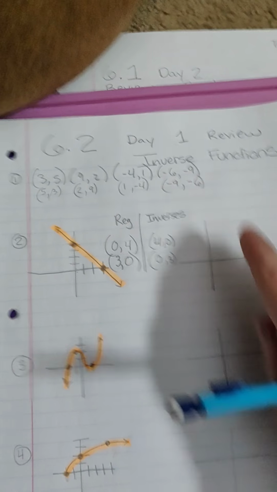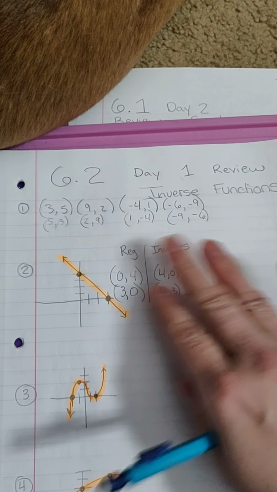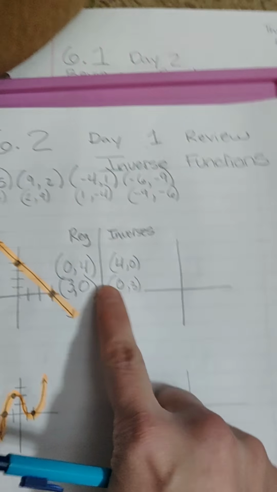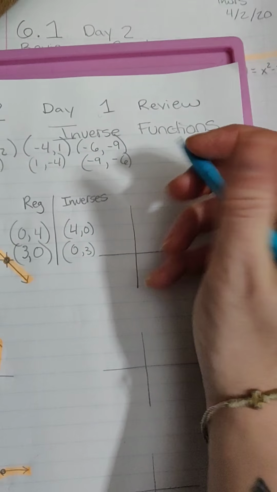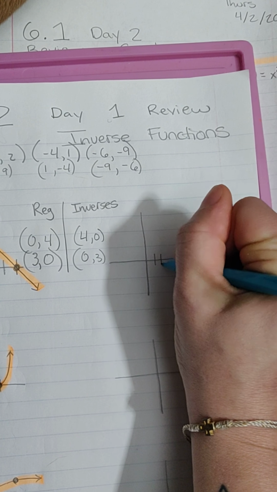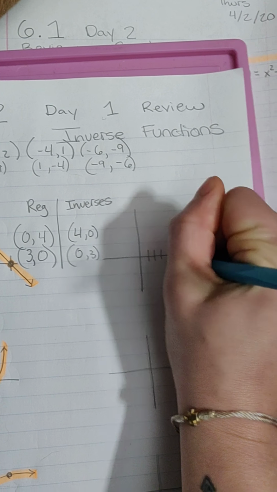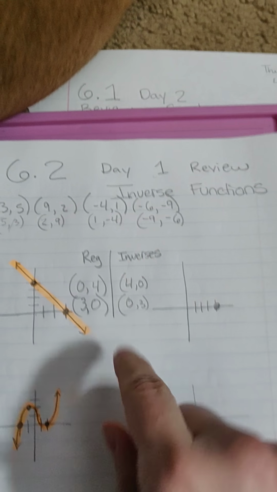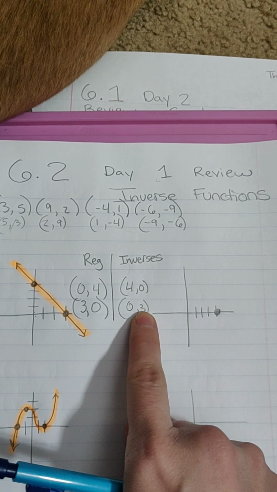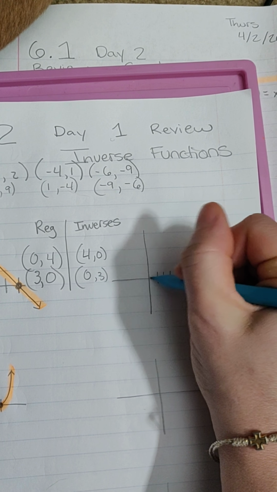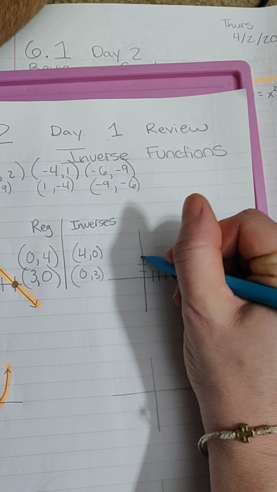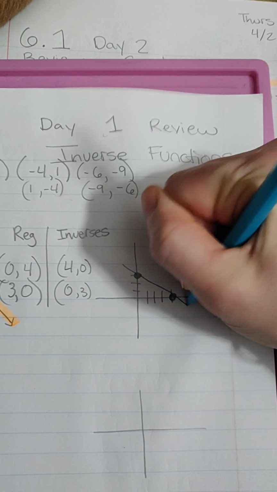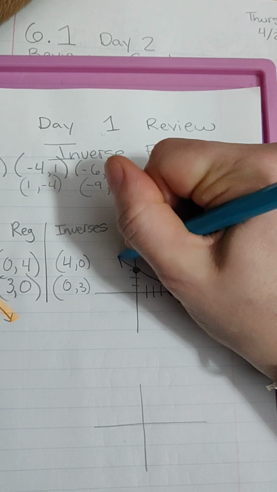Just for fun, I'm going to graph them on their own graph, so you can see the difference very easily between the two. Okay, so I'm going to plot 4, 0, so I'm going to go over 1, 2, 3, 4, and here's 0. I'll draw a dot, and then I'm going to go 0, up 1, 2, 3, draw my dot. And those are my inverses.